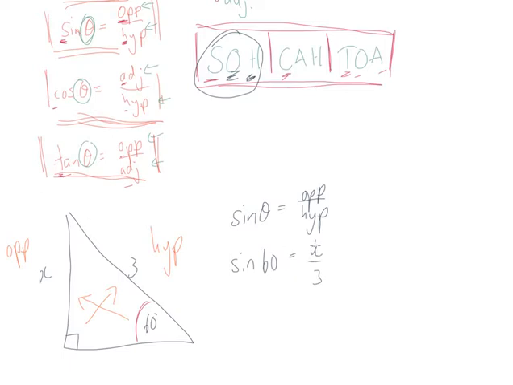So I want to get x by itself. This is just solving like a normal equation now. Sine 60, if you put that into your calculator, is just a number. It's the same as root 3 on 2, I think you'll find, but it is just a number, so treat it like a number. No unknowns, nothing too scary about it. I want to cancel the divided by 3, so I'm multiplying by 3, and I get that x is 3 sine 60.